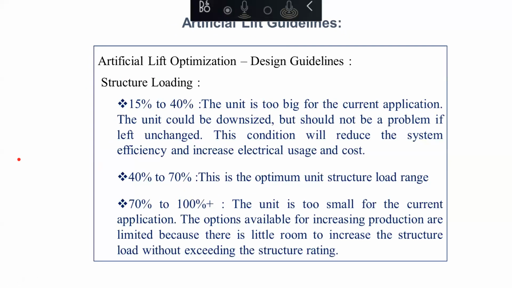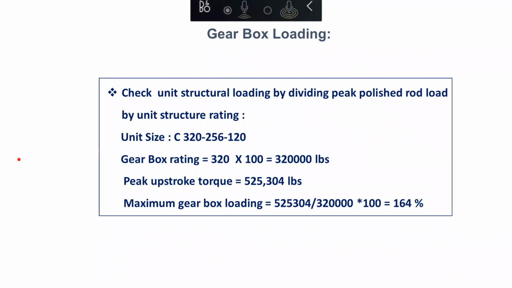The other thing is your gearbox loading. This will be calculated using your gearbox rating in your unit. This is a 320, and your peak upstroke torque, which you will also get from your dyno card.